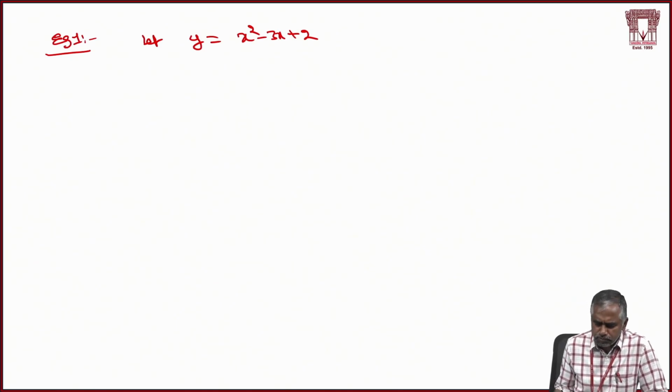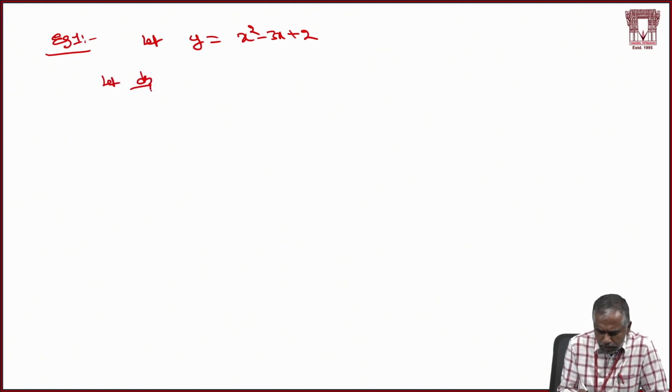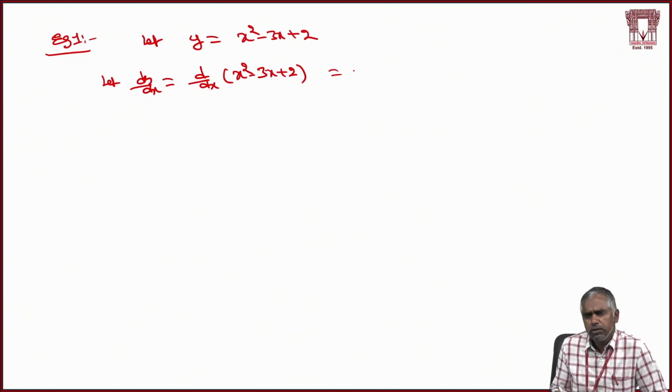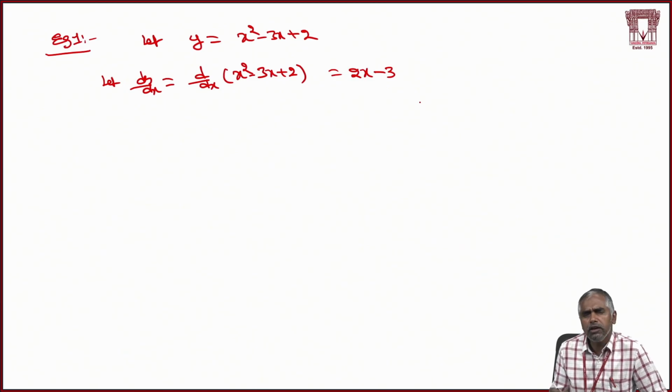According to the procedure, let dy by dx equal to d by dx of x square minus 3x plus 2. So that equal to d by dx of x square is 2x, and d by dx of minus 3x is minus 3 into 1, and d by dx of constant is 0. 2x minus 3 plus 0.